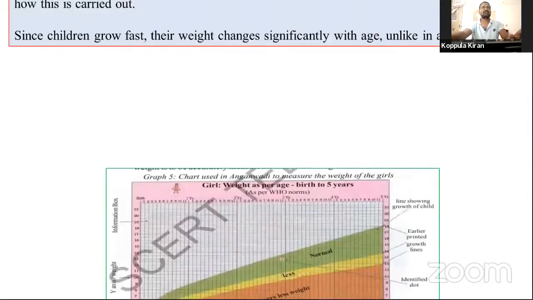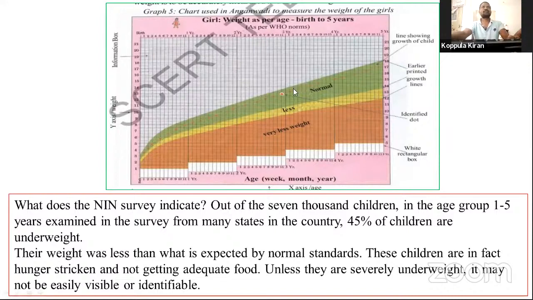Next slide, see this slide. In this graph, this chart is used in Anganwadi to measure the weight of girls. See this, a five-year chart shows who is low weight and who is low height.